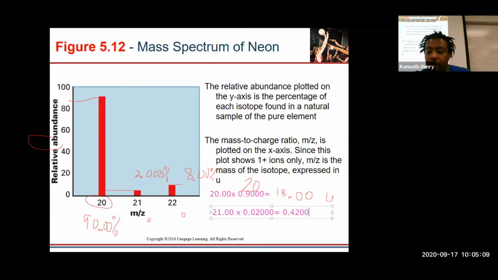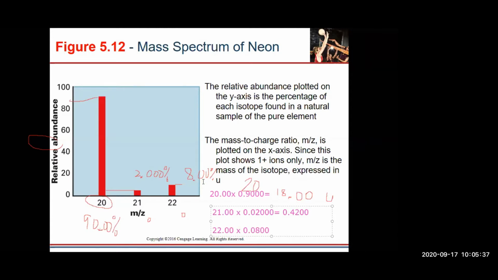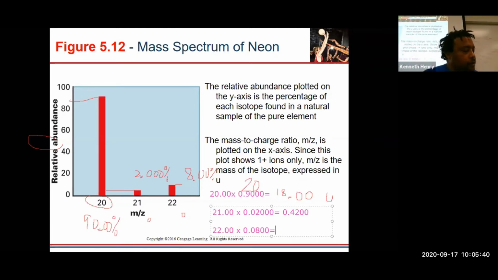Okay. And then we have the last one, 22.00 times 8.00. So what would that be in terms of a decimal? 0.800. And then that equals, do you have to add the last 2 zeros at the end of it, or does it matter? Yes, you would. Why?